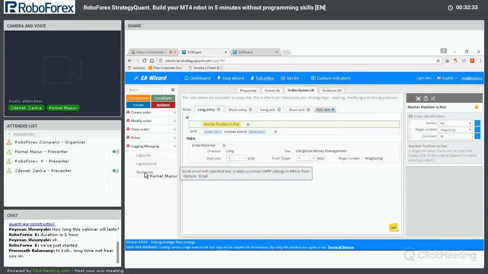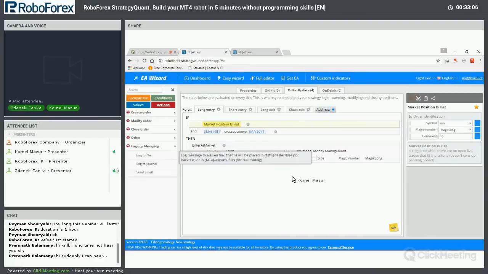So you don't need to watch the market, and you will receive an email: hey guy, this is your robot, go to the market and watch it because something interesting happened here. So you can open your MetaTrader, watch the situation and decide if you will go into a trade or not. It will take you just 1 or 2 minutes to check the market. But it's great for you, because then you don't need to sit at the computer and wait for a setup. So this is also possible here.